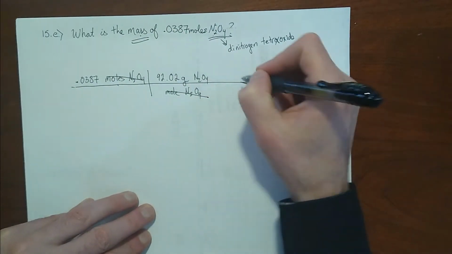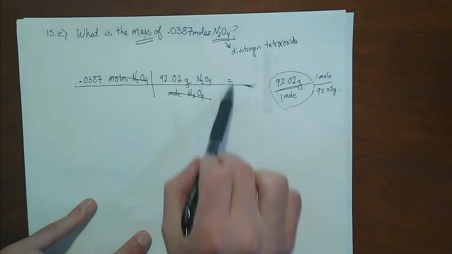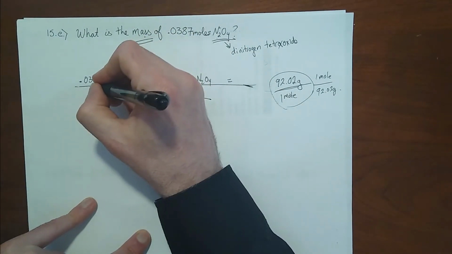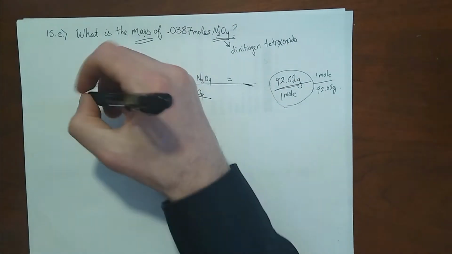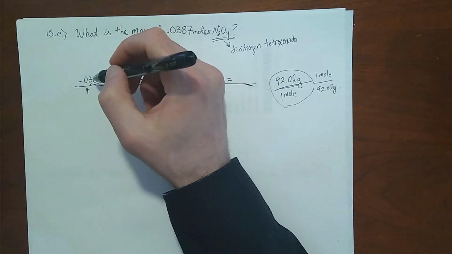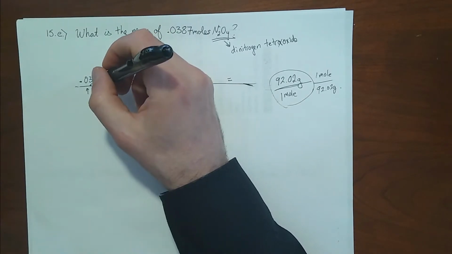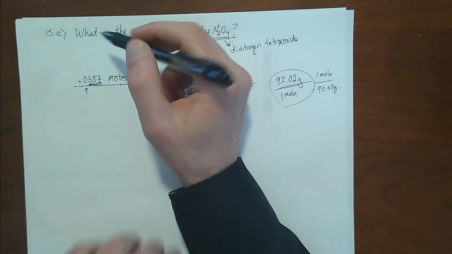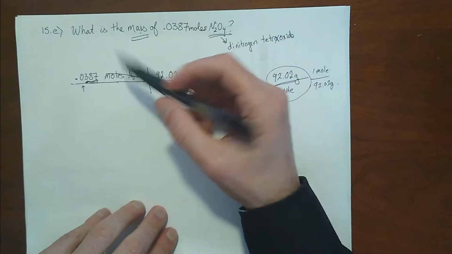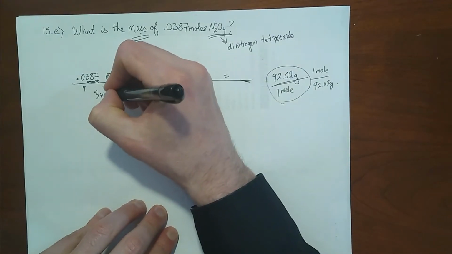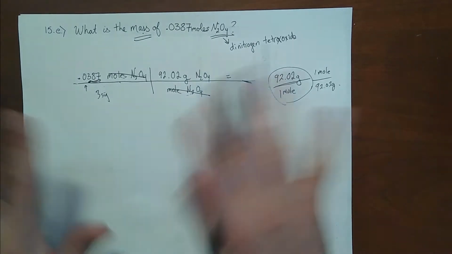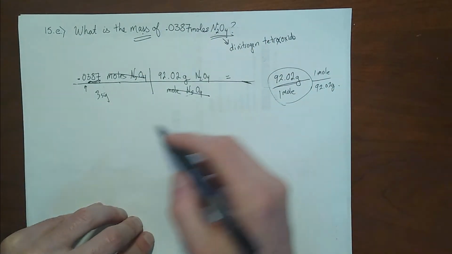Okay, these units will cancel. And when I perform this multiplication, I have 3 significant digits in this number. Remember the zeros before or to the left of the terminating numbers in the decimal are not significant. This is the conversion factor, so significant digits don't really apply to it.